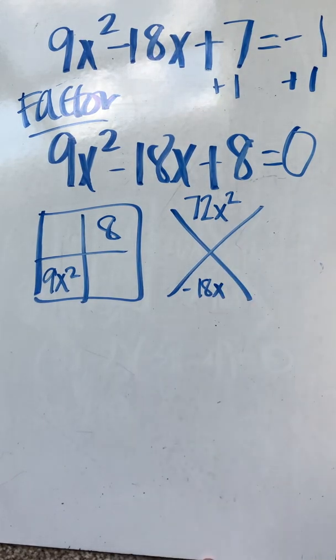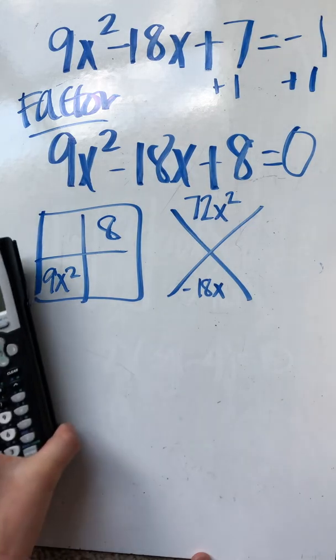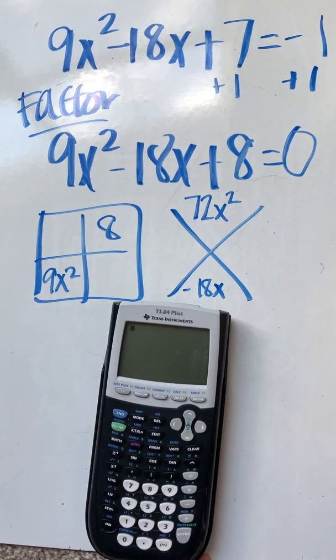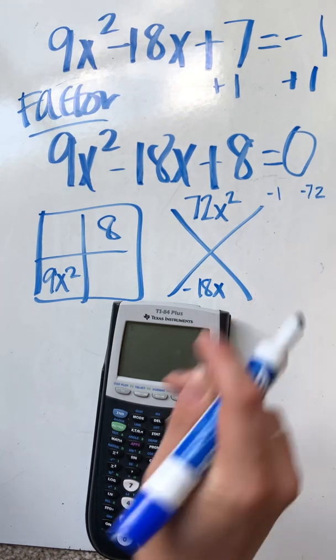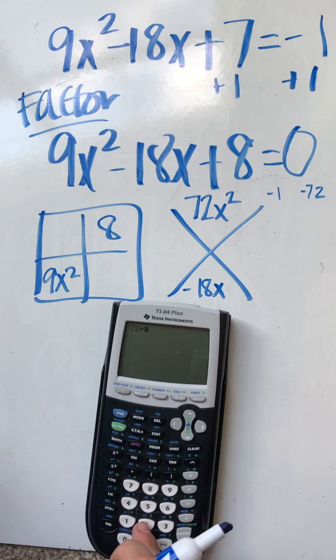And I'm just going to take my calculator and I'm going to start finding factors of 72. So the first one's really easy, negative 1 and negative 72. The next one, 72 divided by 2, 36.